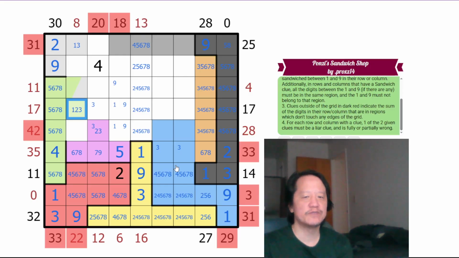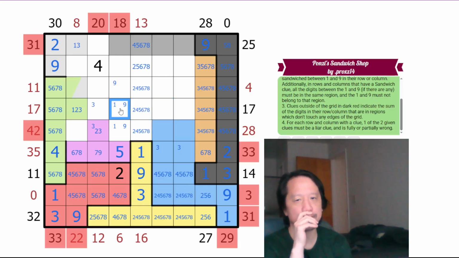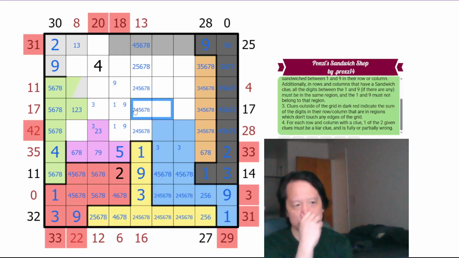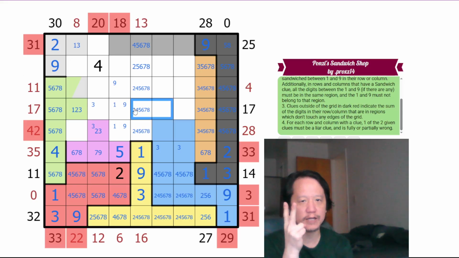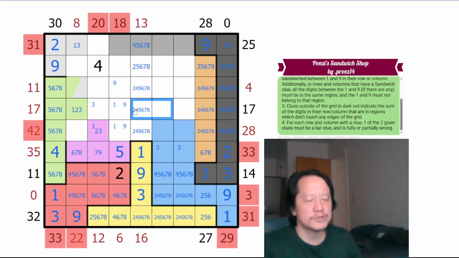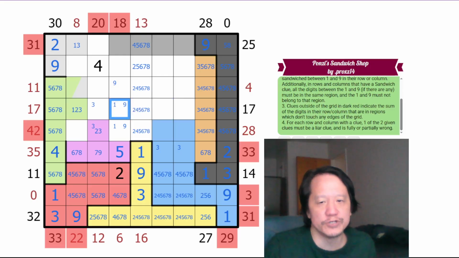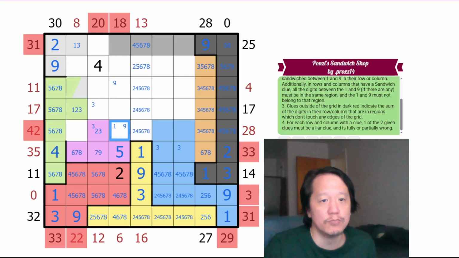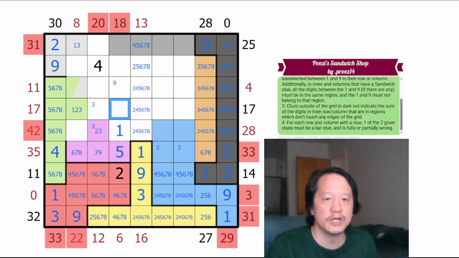If you have 17 as a sandwich, obviously this cannot be 1 or 9. Because if this is 1 or 9, the other 1 or 9 would only be 2 away at most. And then you don't have the 2 digits in between adding up to 7 or 8. So if the 17 is a sandwich, this cannot be 1 or 9, which means this would have to be 1. So we'd have to have 1 there.